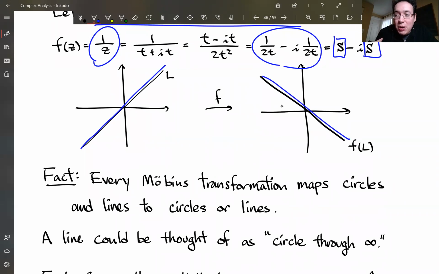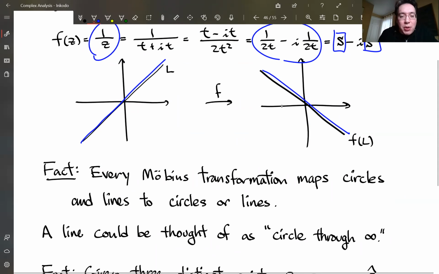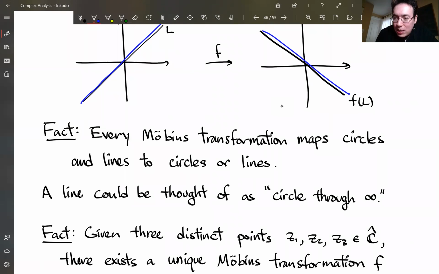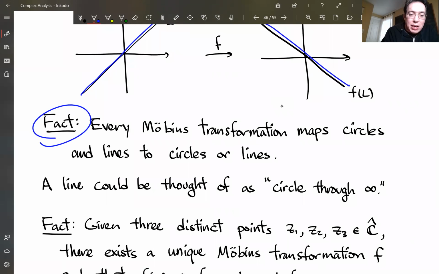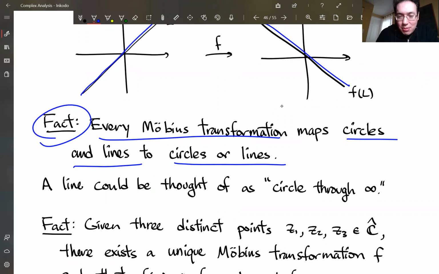So what am I showing here? What I wanted to show was this fact: every Möbius transformation maps circles and lines to circles or lines. So if you start with a circle or a line, you always end up with either a circle or a line, and every possibility could happen.